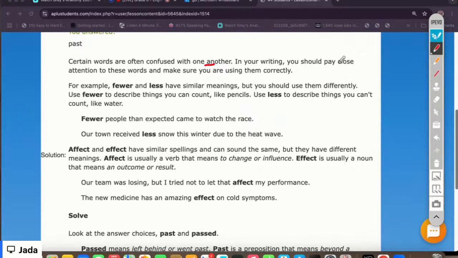In your writing, you should pay close attention to these words and make sure you are using them correctly, because they could sound almost alike, or have similar meaning, and you would think that, oh, this is the right word, but of course, it's the wrong one because they are frequently confused by everyone.